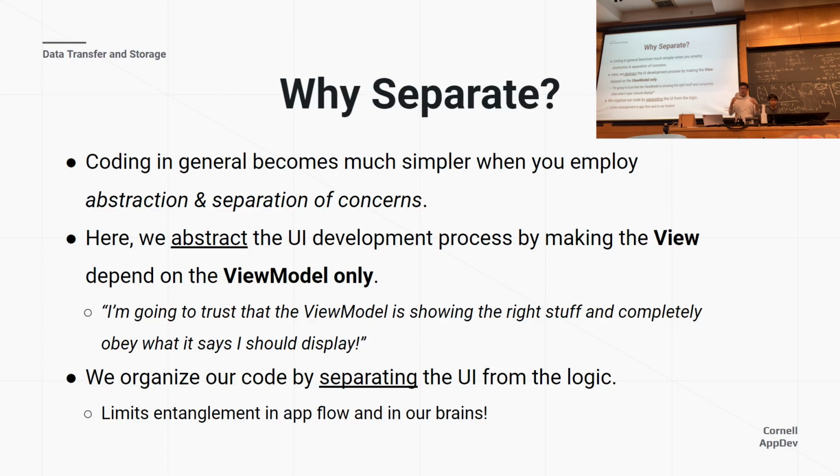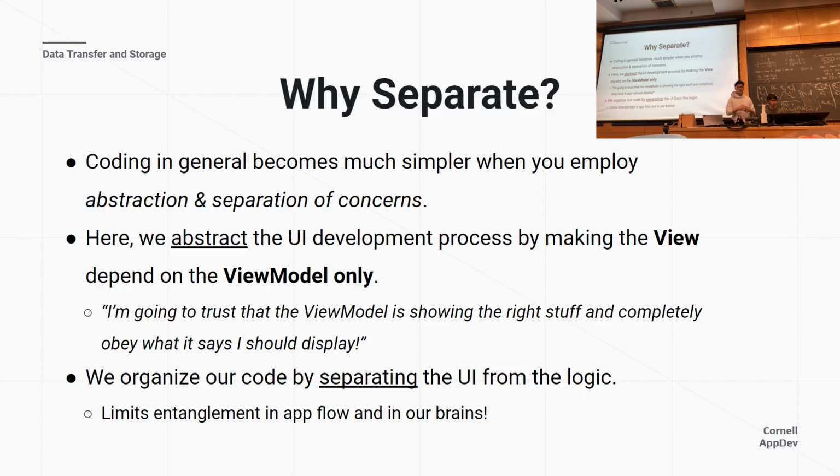And so, once again, let's say you're only focused on the view component of this architecture. You can trust that the architects or coders coding the view model will deploy the correct things in order to properly display things on the screen.